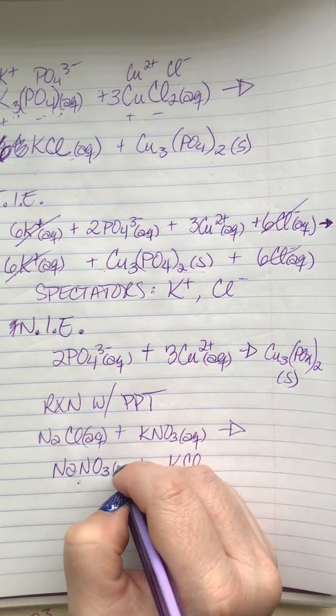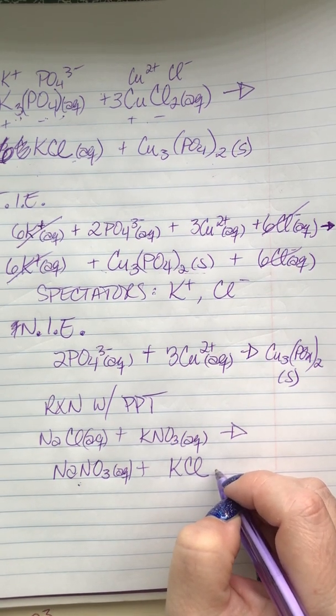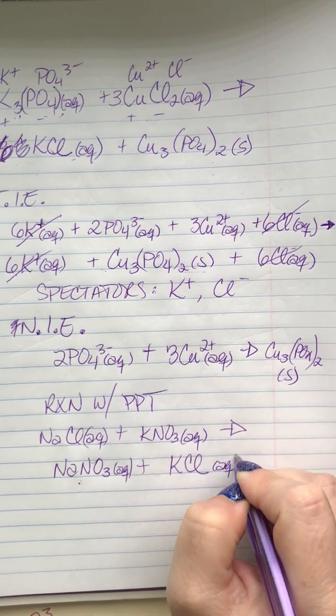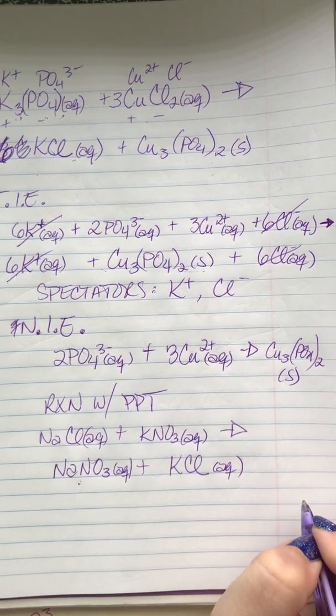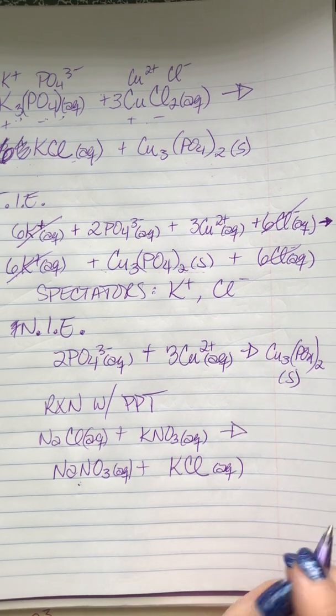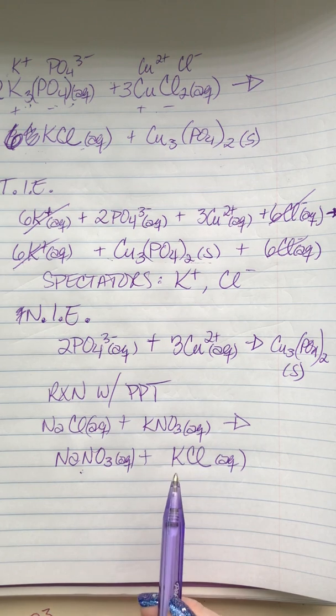So this one is definitely aqueous, right? What about this one? Also soluble, because Group 1 metal. Group 1 metal, exactly. Does that make sense, guys? So if we do a TIE for this, what are we going to get?